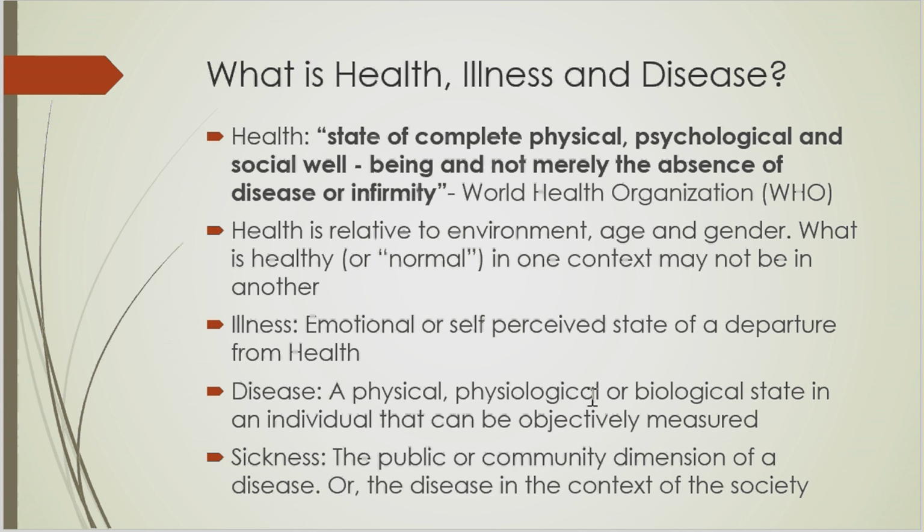Also, whether the disease is a sickness which the society is particularly vulnerable for, usually because of some sort of physical or socio-economic characteristic of that society. All right, so different words there: health, illness, disease, and sickness. In this lecture, we're going to concentrate mainly on disease.